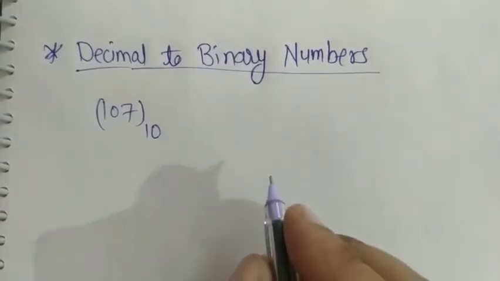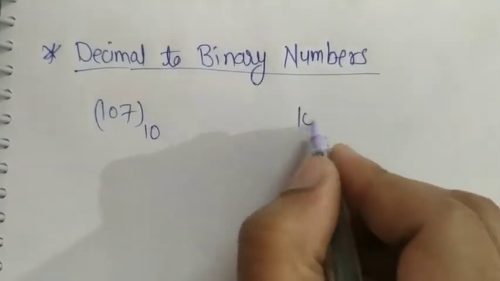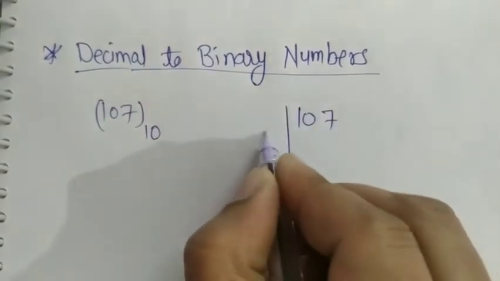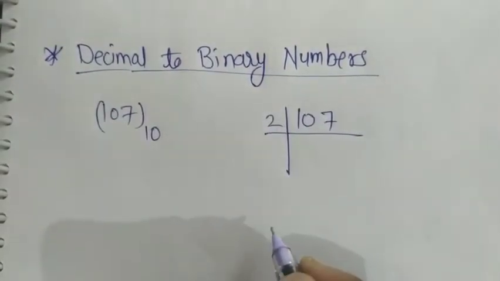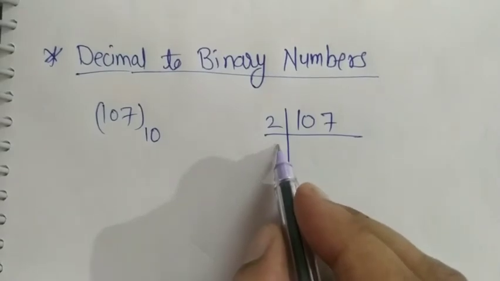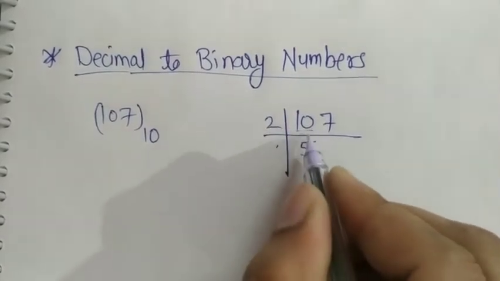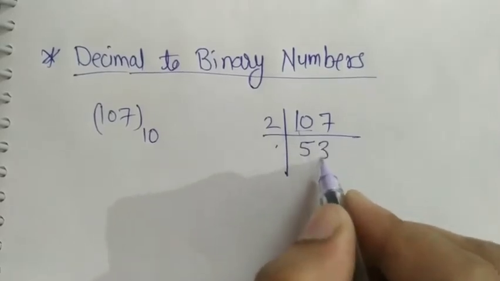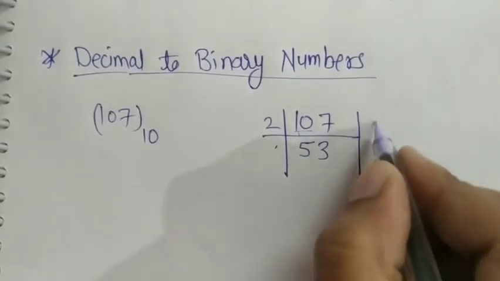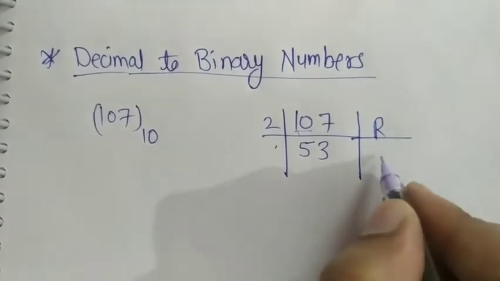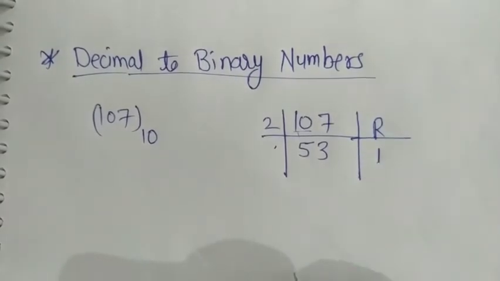We only need to do this simply. I will divide 107 by 2. Dividing by 2, the quotient will be 53 and the remainder is 1.